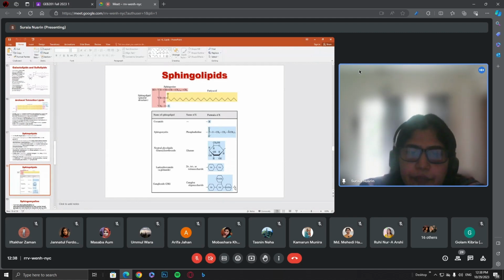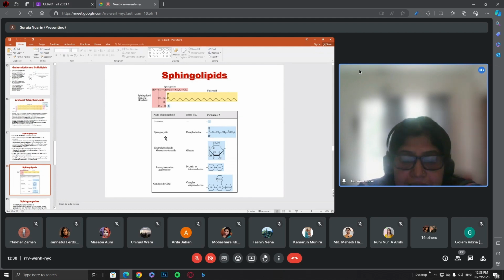For example, here phosphocholine. If you look at the head group, choline actually, that means choline is attached to a phosphate group, which is then finally linked to the carbon number 1 of the sphingosine and gives rise to the sphingolipid called sphingomyelin.